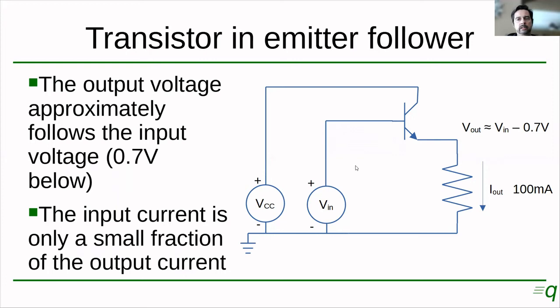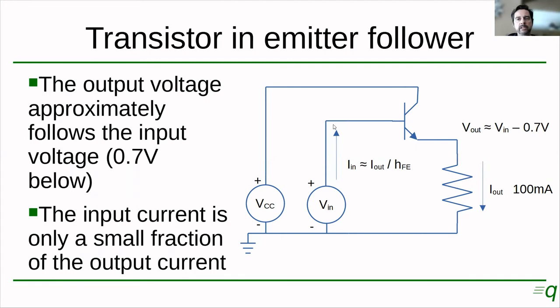Now, because the base current is much lower than the collector current, and the emitter current is the sum of these two, the emitter current is approximately the same as the collector current. So the emitter current is the current flowing through this resistor, about 100 milliamps. The collector current is going to be about 100 milliamps as well.